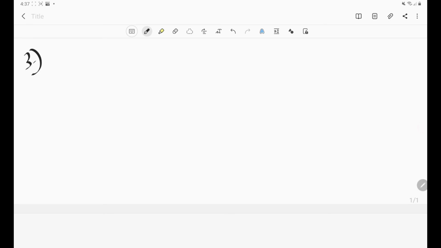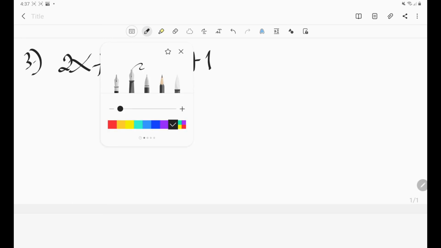Number 3, we have 2x plus 5 is equal to x plus 1. In this case, I will arrange the terms of the equation such that all the terms with variable will stay on one side and the constant will stay on the other side.